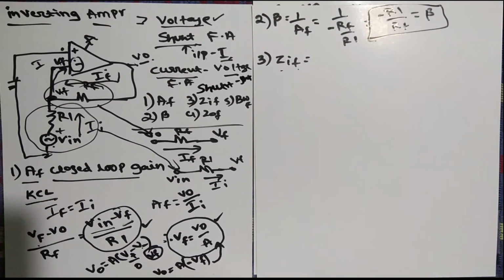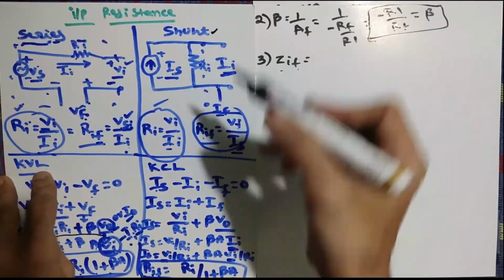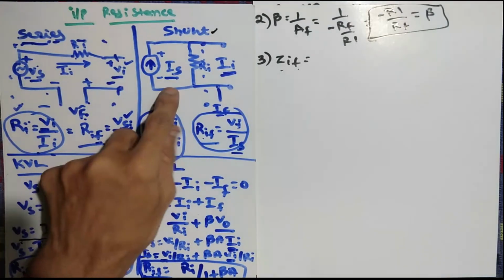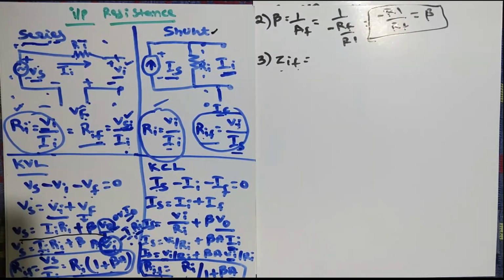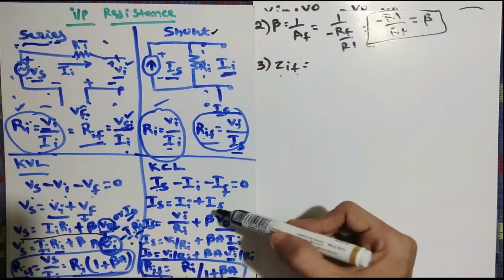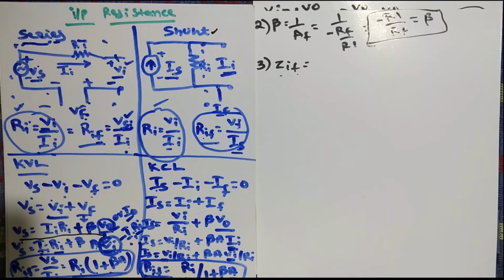When you go for the input resistance, we have to go for shunt because current is our input. So in this case, you have to get the same equation. You can do the same derivation here, writing according to that diagram.